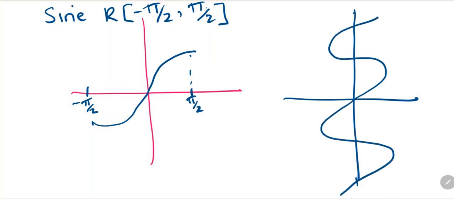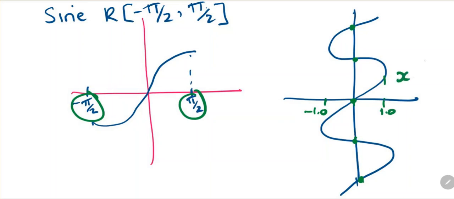The inverse function would look like this with many points, which is not possible. So we need to limit between minus pi over 2 and pi over 2. Because the value here is going to be minus 1, and this value here would be at plus 1. So this is when we switch the values.